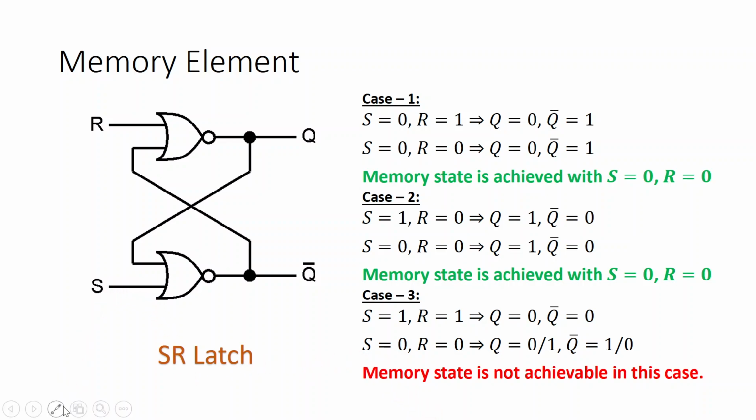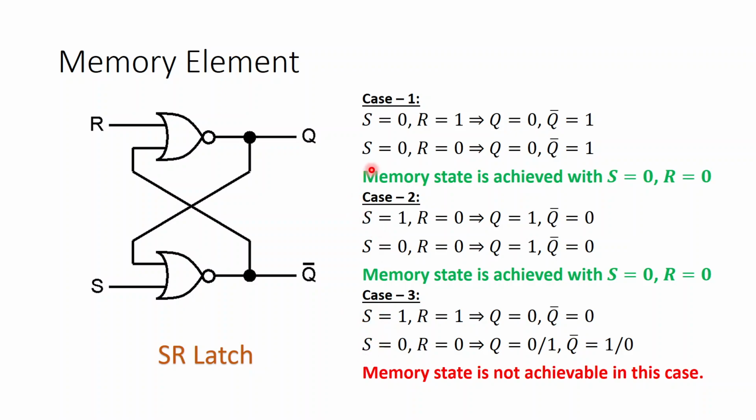And for this reason, what we actually do, we don't consider this input as a valid input. And the user must keep a check that you are never giving S equals to 1, R equals to 1 to the input of this particular circuit.